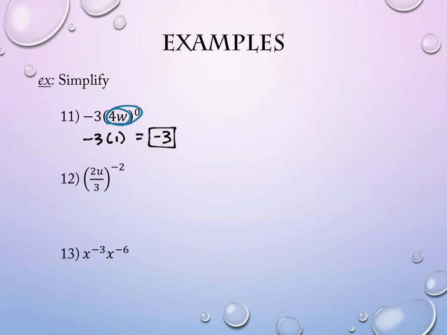Number 12. Very interesting. Number 12 has a negative exponent on the outside, right? Okay. So property number 7 said that negative exponents do reciprocals, correct?